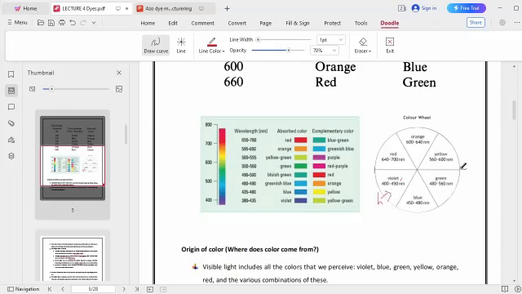Then the higher you go, like 700 nanometers, that wavelength is low energy. So we have short wavelengths and long wavelengths. Short wavelength is high energy, like violet, whereas long waves, those with 700, 600 nanometers, are wavelengths with less energy.